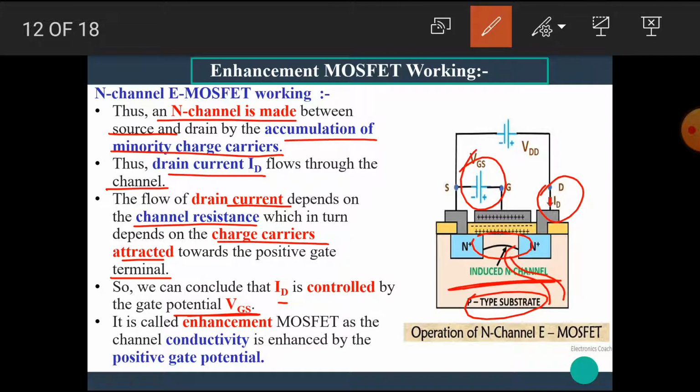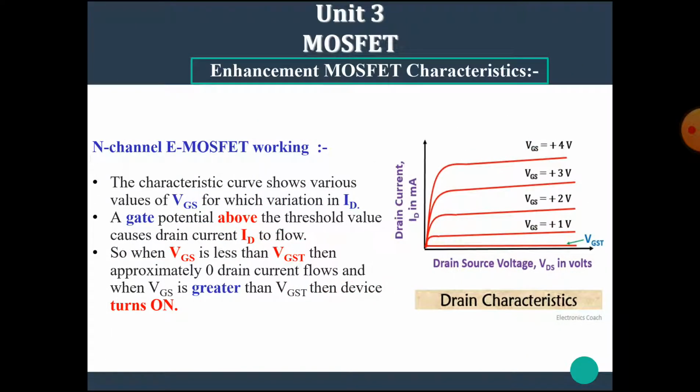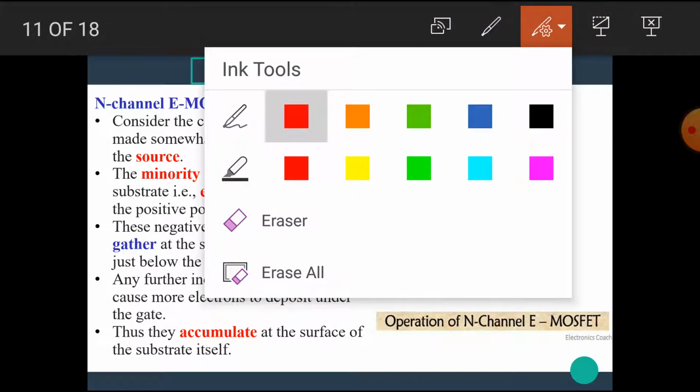It is called the enhancement mode MOSFET as the channel conductivity is enhanced by the positive gate potential. I hope you all understand the working of this N channel E MOSFET. Let's see once again.